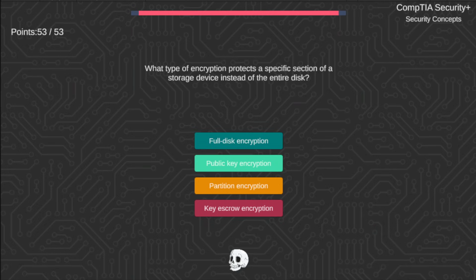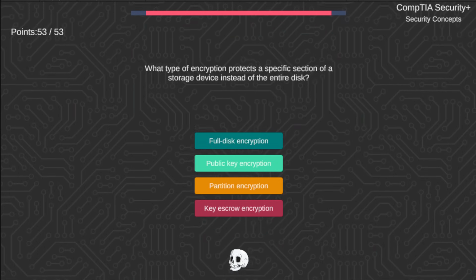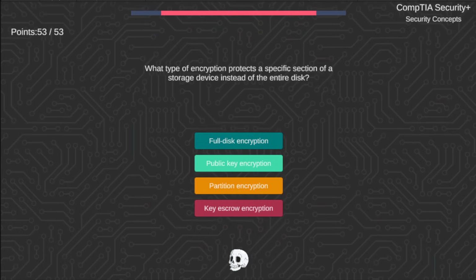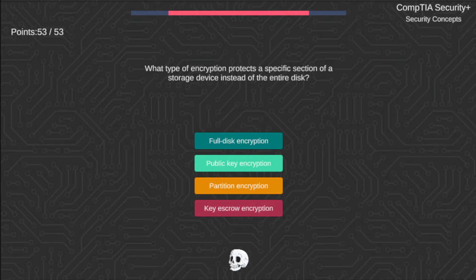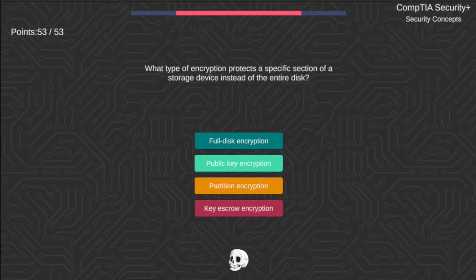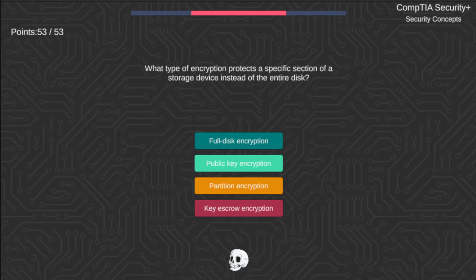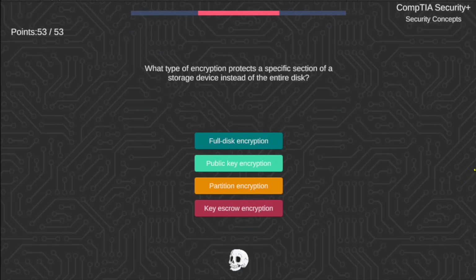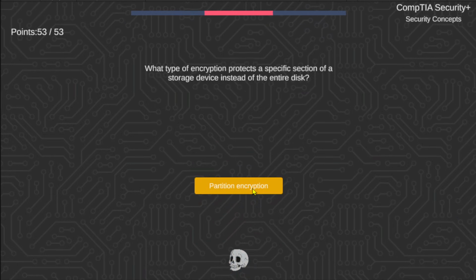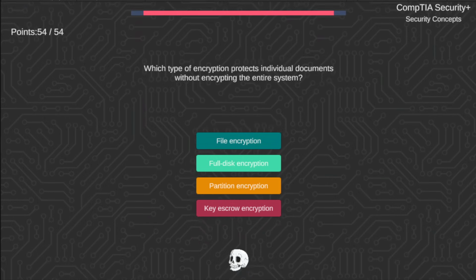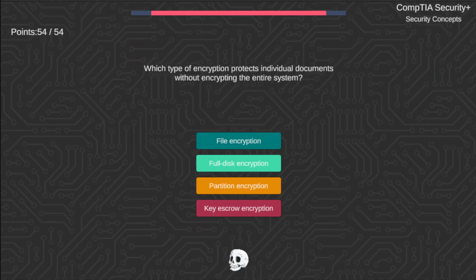What type of encryption protects a specific section of a storage device instead of the entire disk? Full disk encryption, public key encryption, partition encryption, or key escrow encryption? Correct answer is partition encryption. Which type of encryption protects individual documents without encrypting the entire system?